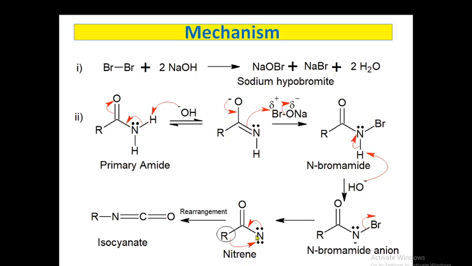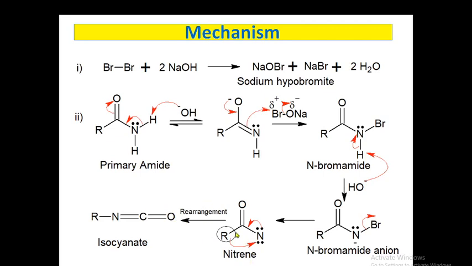In the nitrene species, nitrogen is bonded to the carbon with only a single bond here. Remember, that's the important thing. And this nitrene species is very electrophilic in nature, and it will undergo rearrangement.